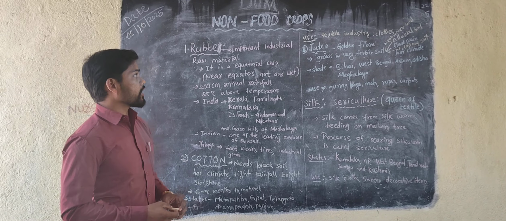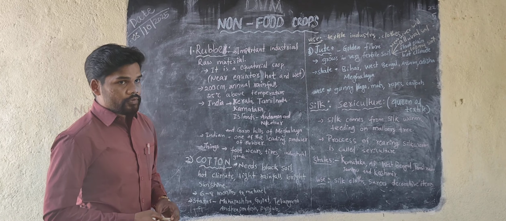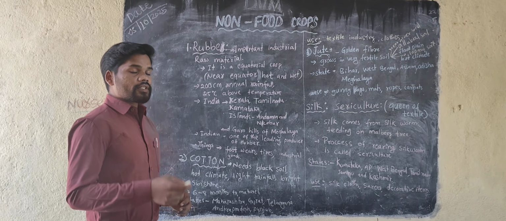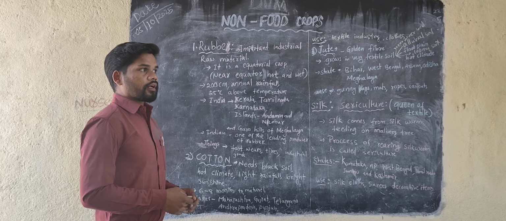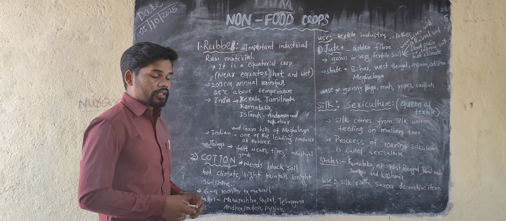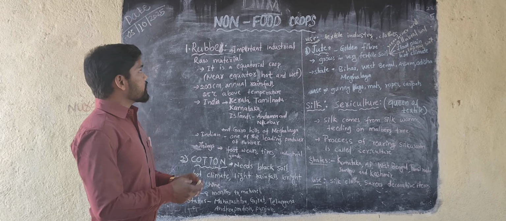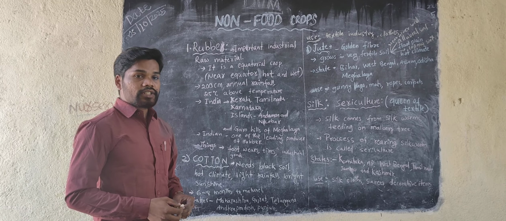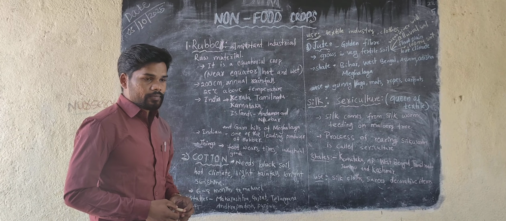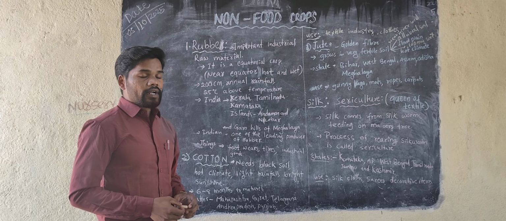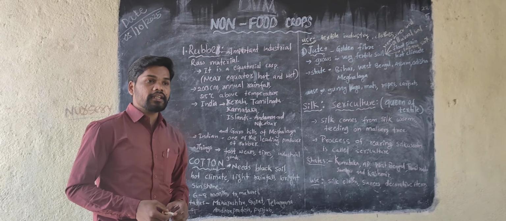But today we are talking about non-food crops, which means the crops which do not come under grains or horticulture. So these non-food crops are as important as the food crops. Now let us try to understand what they really are.